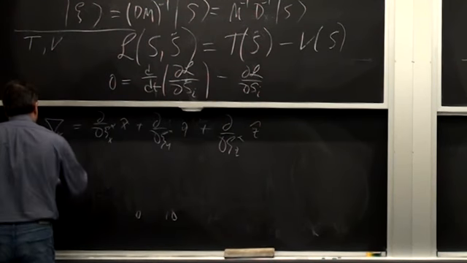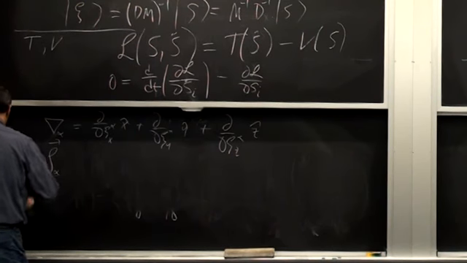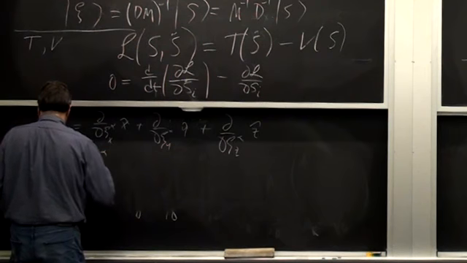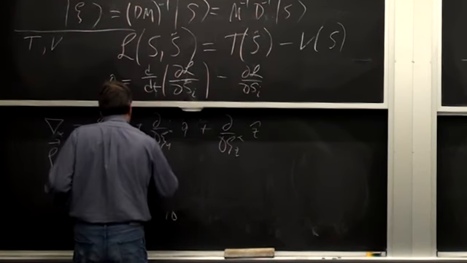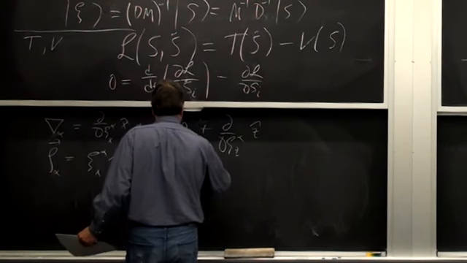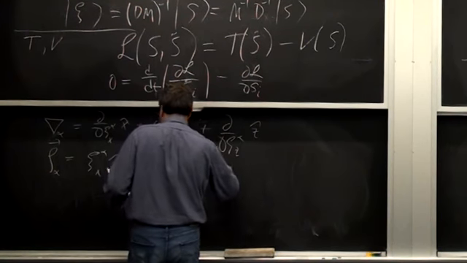And we write the displacement as psi x alpha unit vector x, plus psi y alpha unit vector y, plus psi z alpha unit vector z.